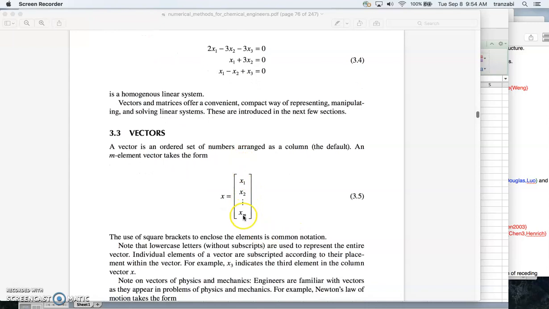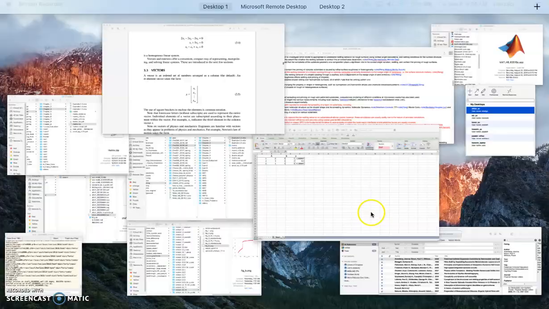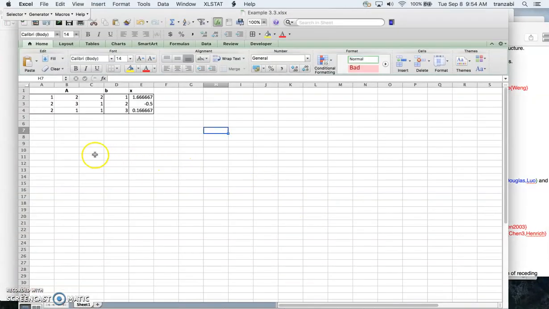It has to have only one column to be a column vector, and if it has only one row, then it would be called a row vector. Like in a spreadsheet, you can easily represent a column vector, like I can easily put 1, 4, 5, 7.